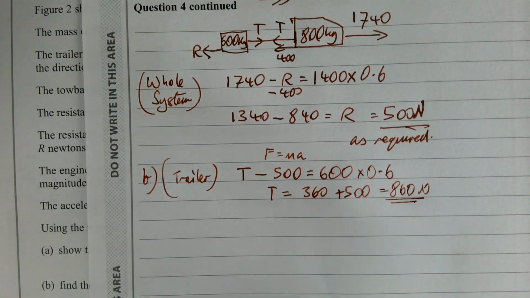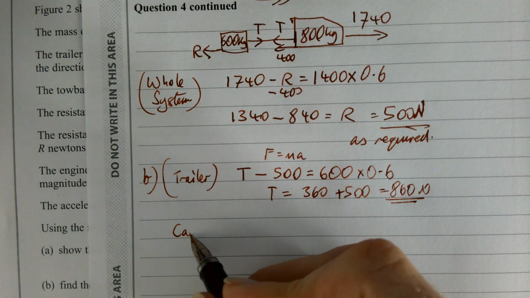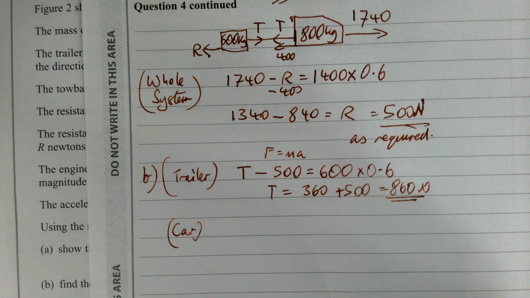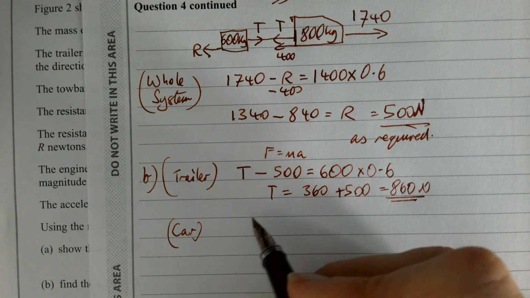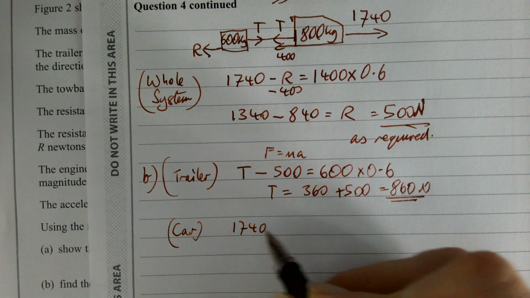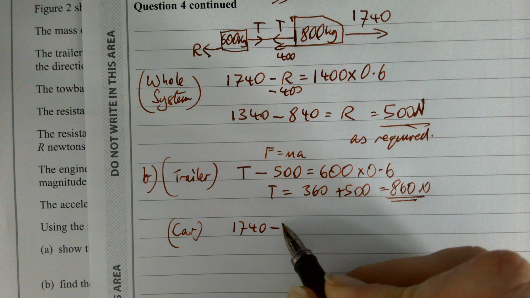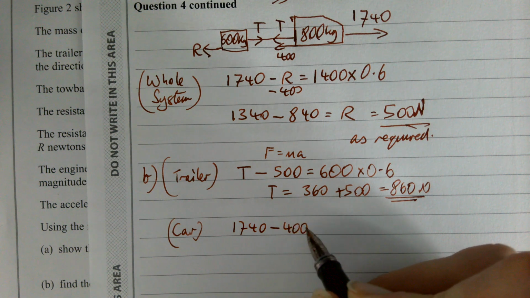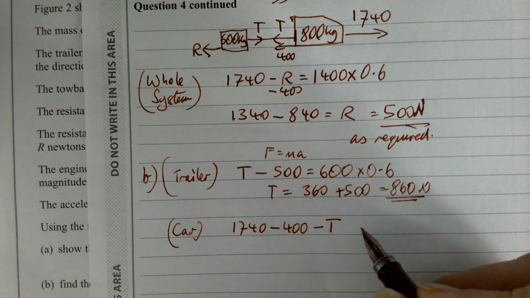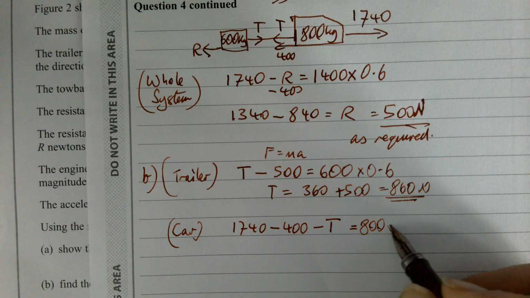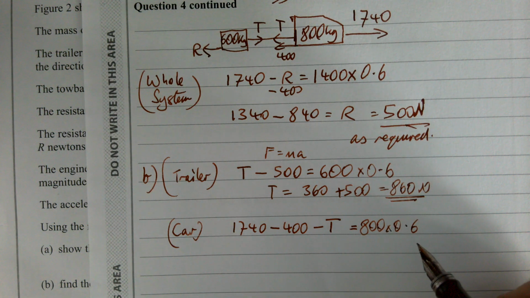Now you could do it that way, but we may as well just show that it's true for the car as well, because it's always reassuring if you've got time to do it both ways, and if you get the same answer, then you almost certainly must have done the right thing. So for the car, you've got 1,740, take the 400, take the tension, and that is going to be equal to 800 times 0.6.